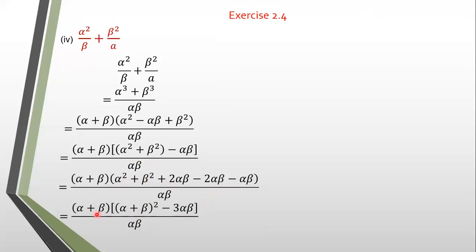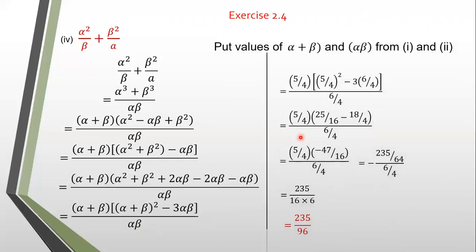Now we know the values of alpha plus beta and alpha beta. Replace the values of alpha plus beta and alpha beta from 1 and 2 in this equation. We will get 5 by 4 into 5 by 4 whole square minus 3 into 6 by 4, divided by 6 by 4. 5 by 4 whole square means 25 by 16 and minus 18 by 4.